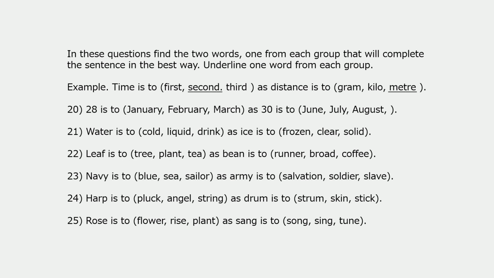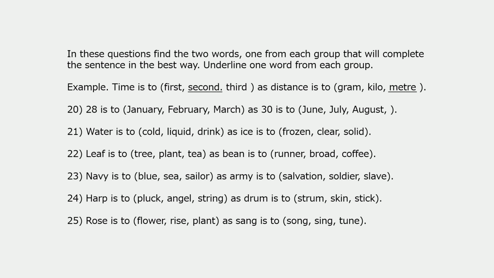These are things such as general knowledge questions mixed into verbal reasoning questions. We always need to know our general knowledge to find out these types of verbal reasoning questions because they test you on this type. So, question 20.